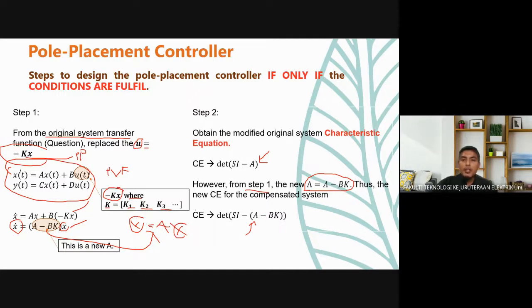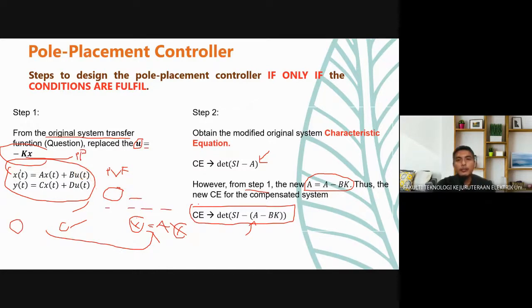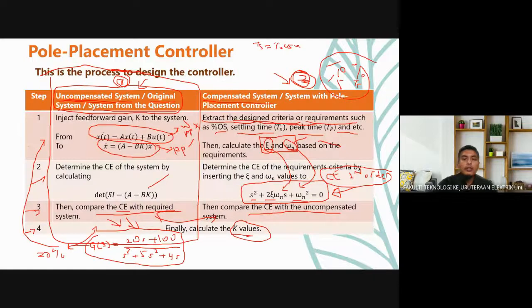That's why it becomes determinant of sI minus (A minus BK). So that's why you get this step number 2 here. That's why you got the state space of the system with pole placement here, because of this derivation.